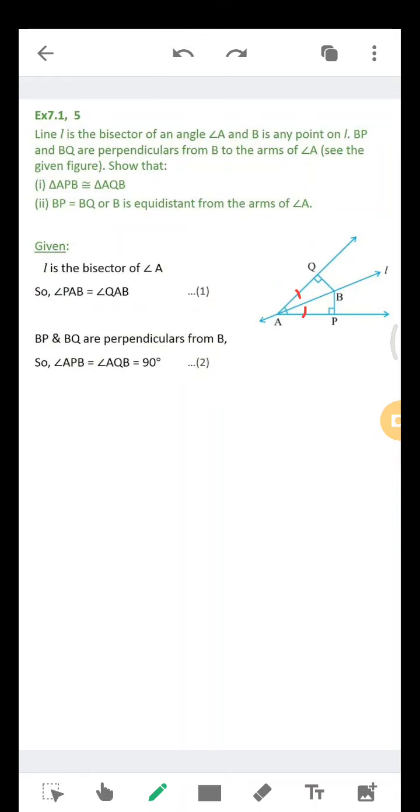BP and BQ are perpendiculars from B, so both of these angles will be 90 degrees. Just now I said to you. So using these two, equation 1 and 2, we will prove the triangles are congruent. So I have written what is RTP here, required to prove triangle APB is congruent to AQB. This is given in the question.